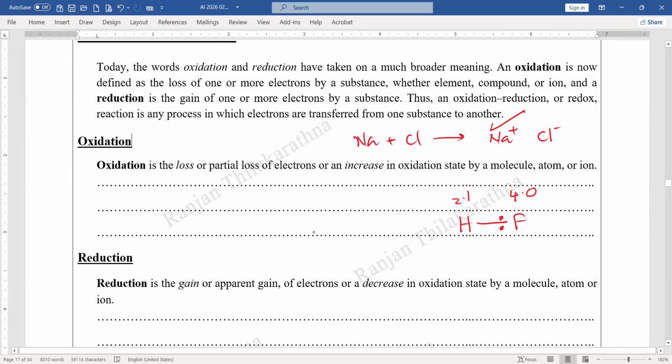Then hydrogen has not given the electron completely to fluorine, but partially. That is why we call it partial. Oxidation is the loss or partial loss. Partially it has been lost. If needed, it can get back.